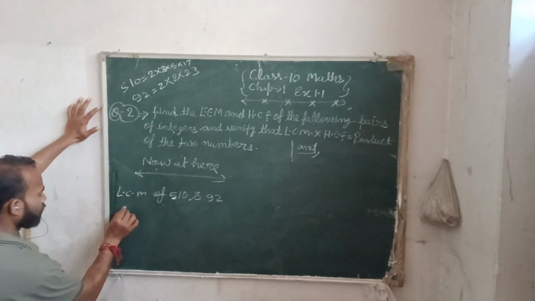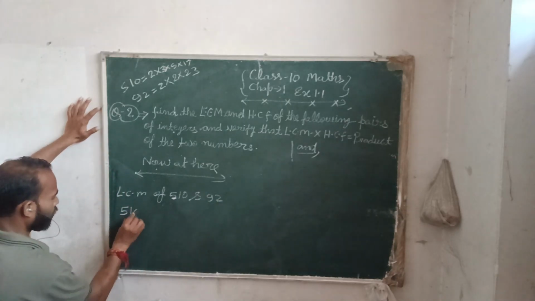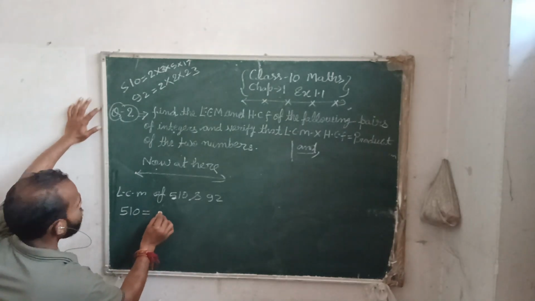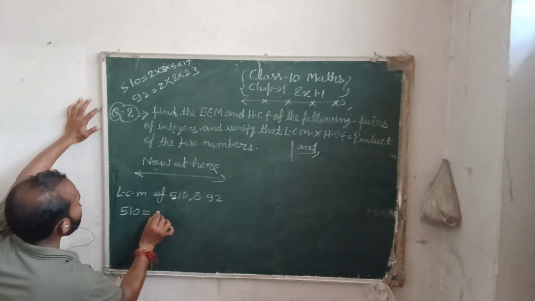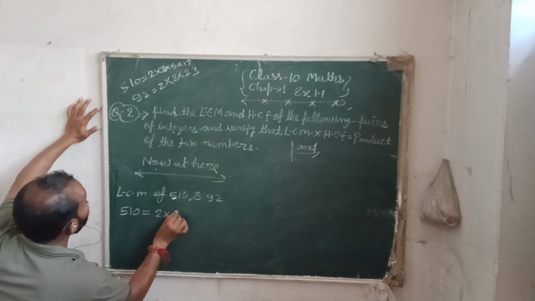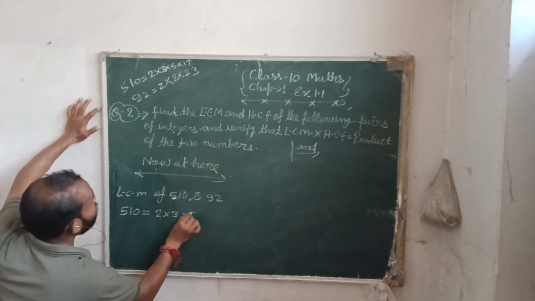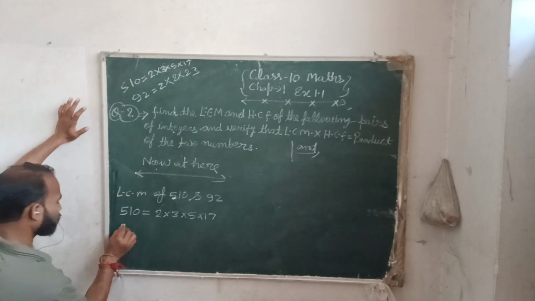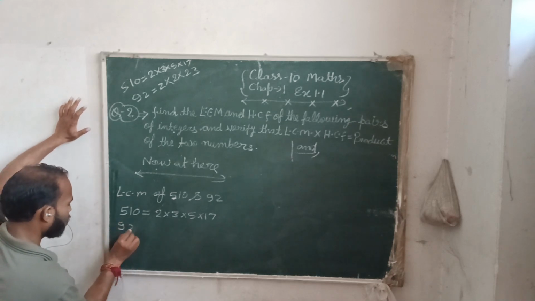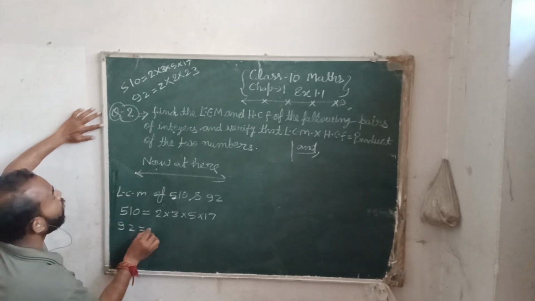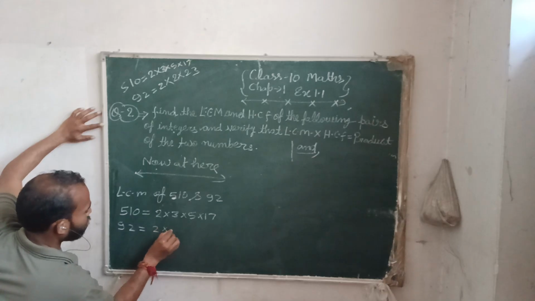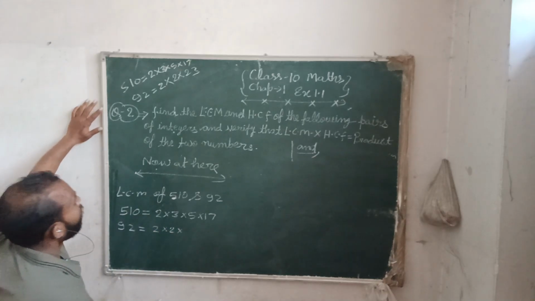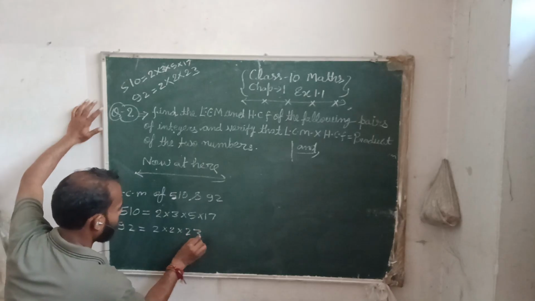Okay, my dear students. Now write the factors of 510: you already know they are 2 into 3 into 5 into 17, and the factors of 92 will be 2 into 2 into 23.